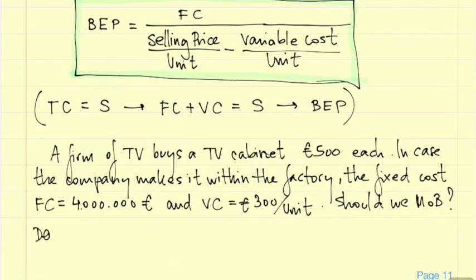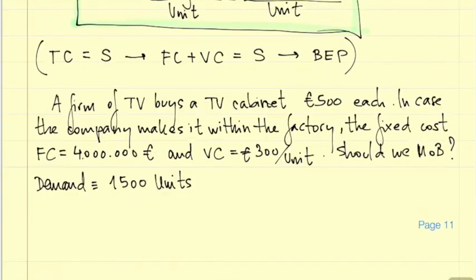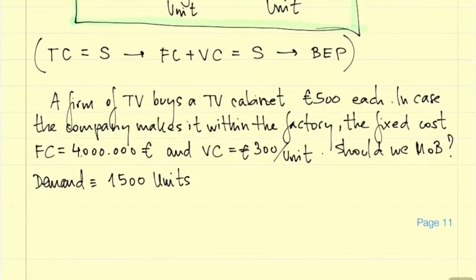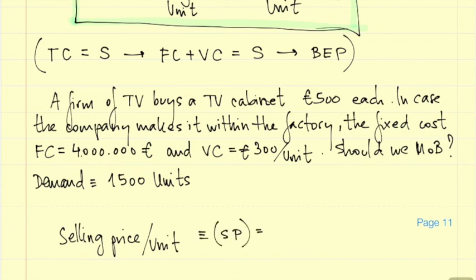Demand is set as 1,500 units per time. Okay, so the solution is that the selling price per unit, SP, equals 500 euro.